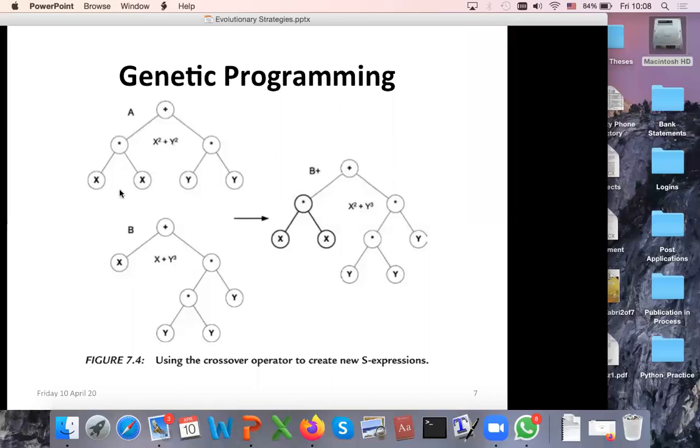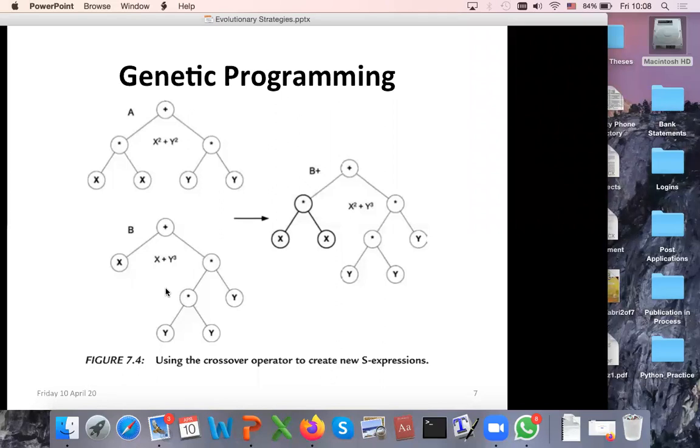We are not following some kind of rule here. We are simply taking the concept of crossing between two trees or expressions.